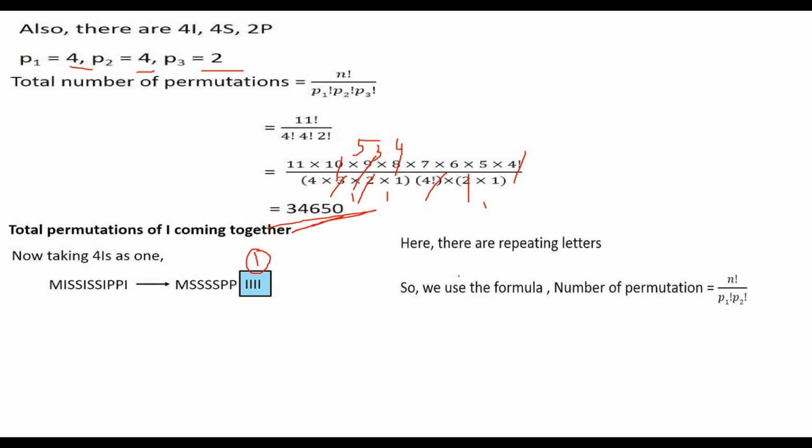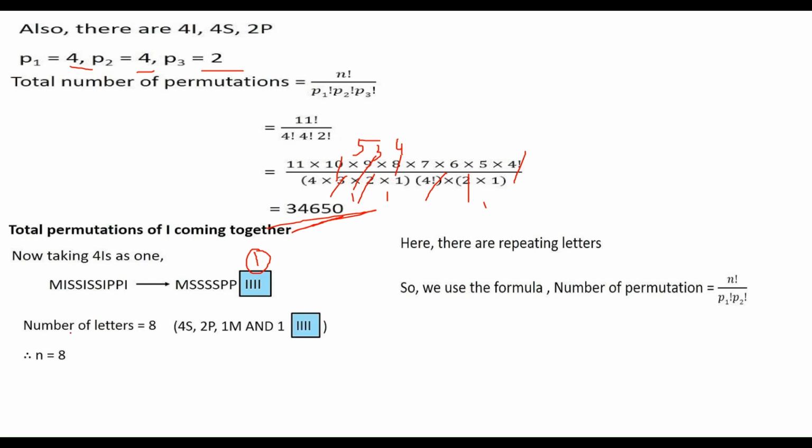Again we are using the same formula, n factorial divided by p1 factorial, p2 factorial. Here also some letters are repeating. The letter S is repeating, P is also repeating. Only for I, we are assuming the 4 I's as 1.